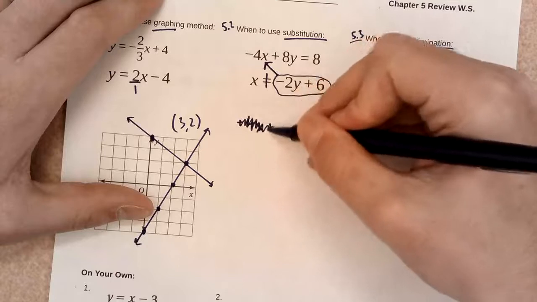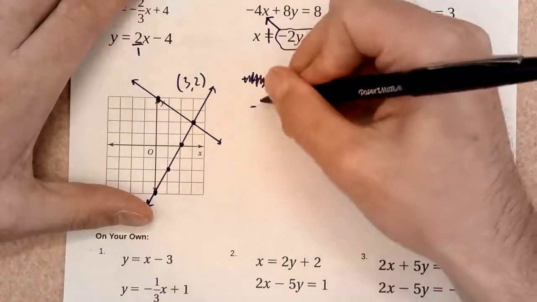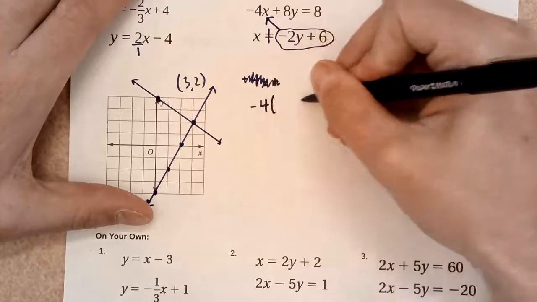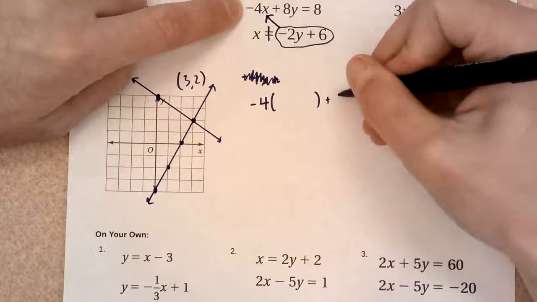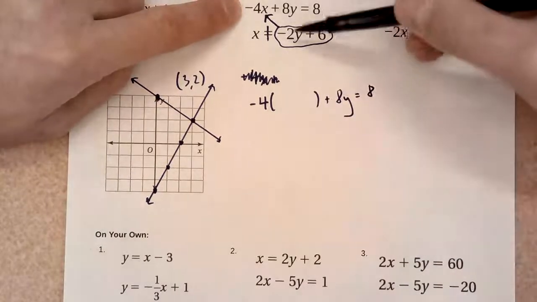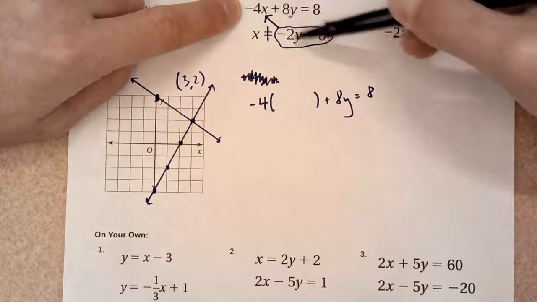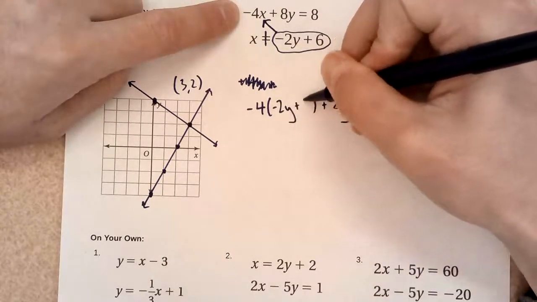I have to scribble that out. -4x, I'm leaving a big blank spot, plus 8y equals 8. And that's because instead of x, I need this new expression, 4x - 2y + 6.